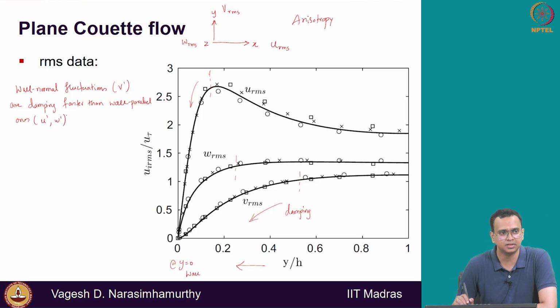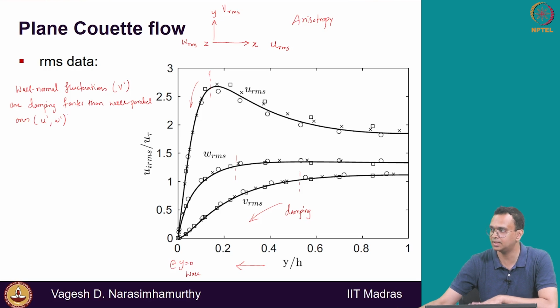So why does this occur? Does this occur in every flow where you have a wall? That we have to see, and this feature must be taken into consideration by your model, because this is the physics that I am discussing. So this particular feature, are there any doubts on this before I move to the next slide?